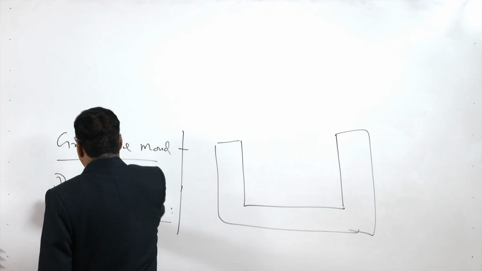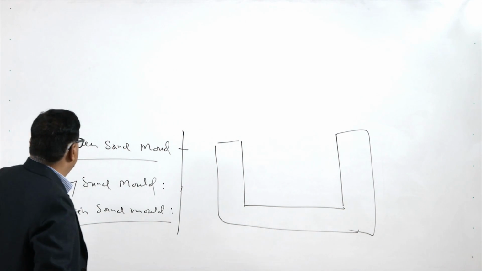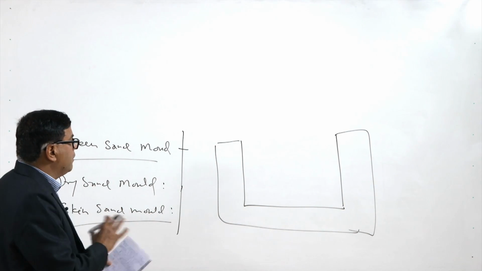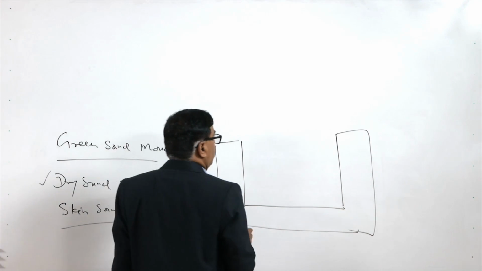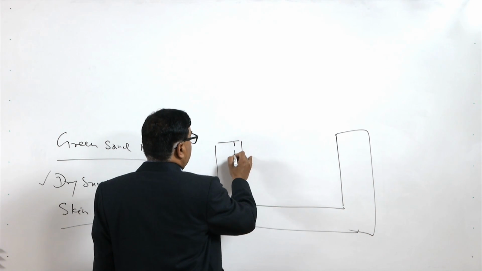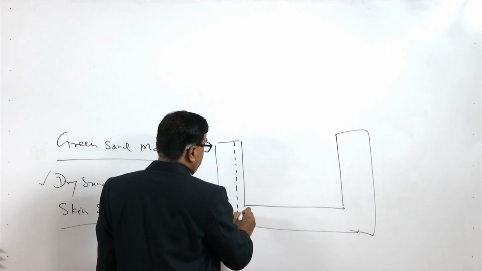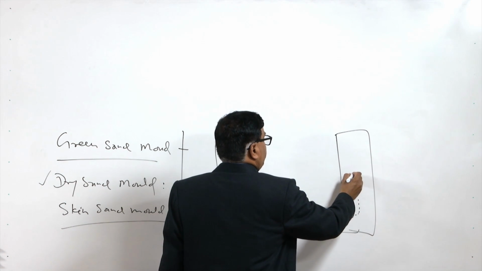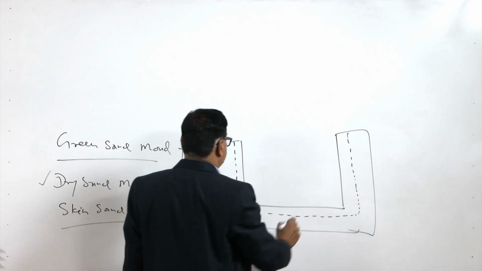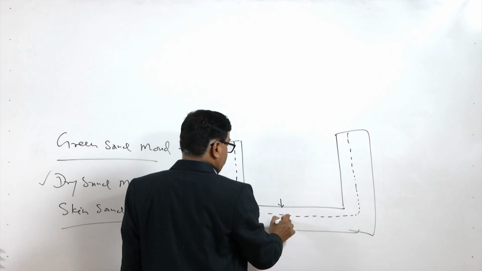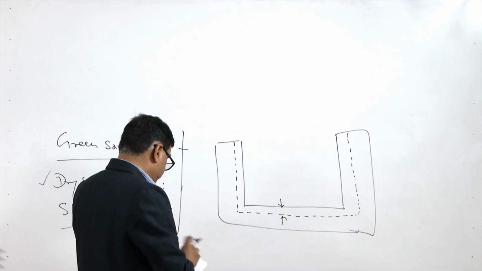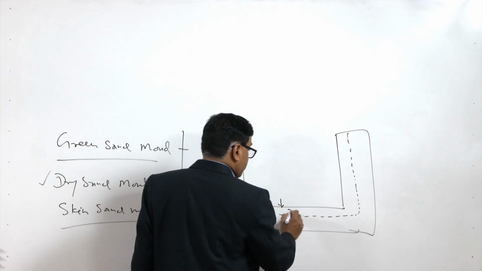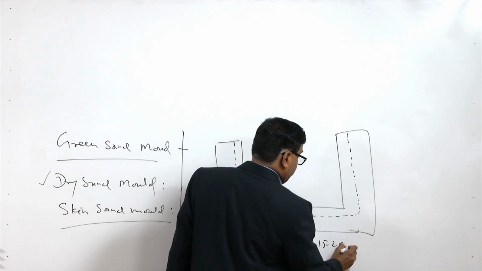But since driving off the moisture needs a lot of effort and time, in order to have a compromise between the two, only the skin of the mold, up to like say 5 to 25 mm depth of the surface, is dried. This depth may vary from say 15 to 25 mm depth.